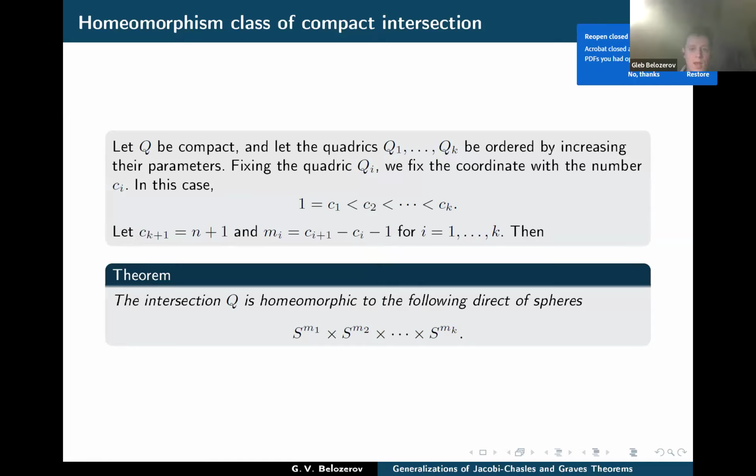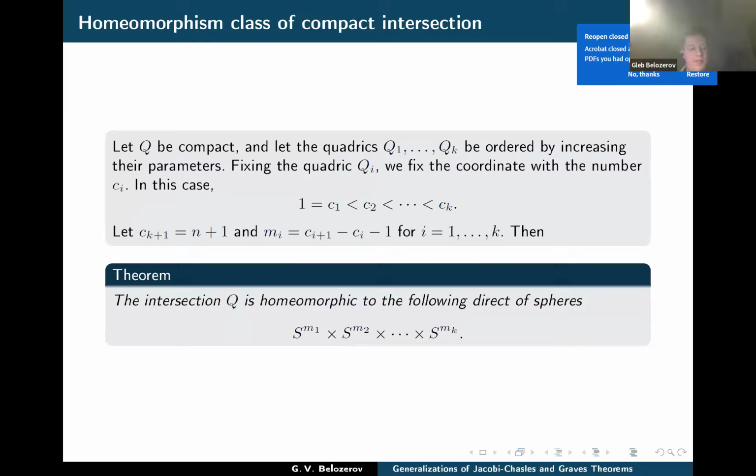M1 and Mk depend only on the types of quadrics of the intersection. But if our intersection is non-compact, we need to add to this direct product a disk of dimension L, where L also depends only on the quadrics of the intersection.